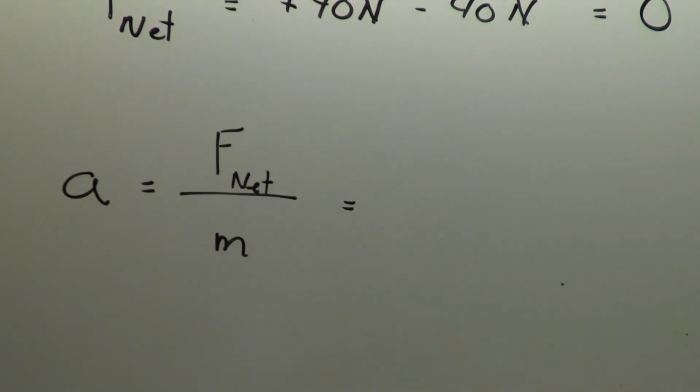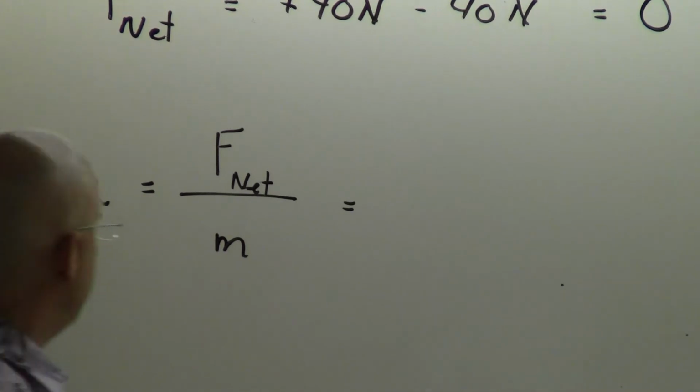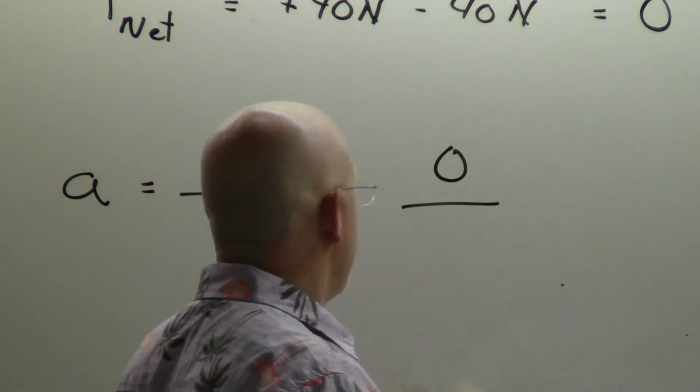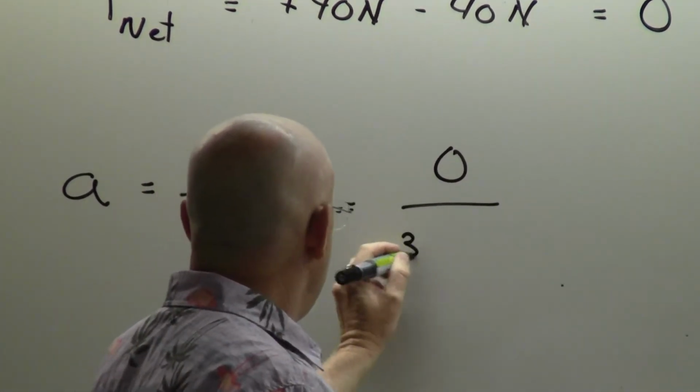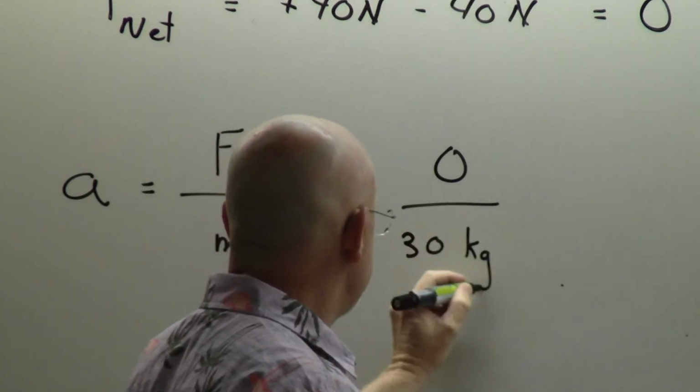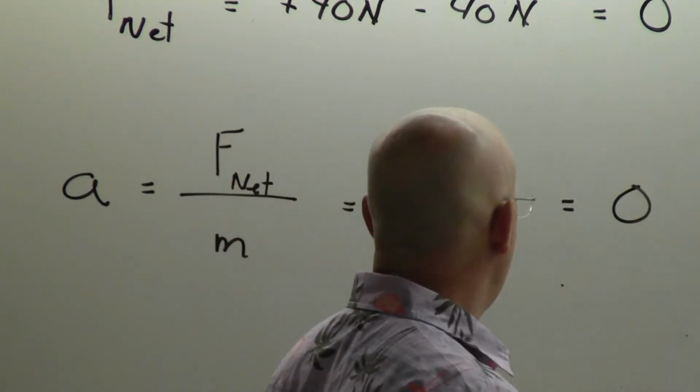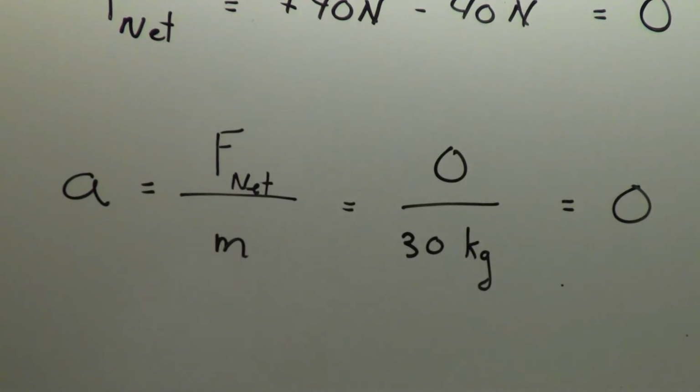It's not my force. It's not my friend's force. It's not the magnitude of them added together even. It's not 80. It's a combination of both of the forces, including the direction, as well as the number. And so what I would get here is 0. And then the cart would be 30 kilograms. But either way, I get 0. And so I would say the net force is 0.